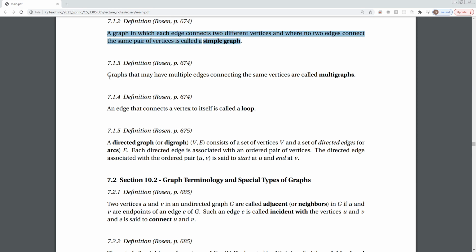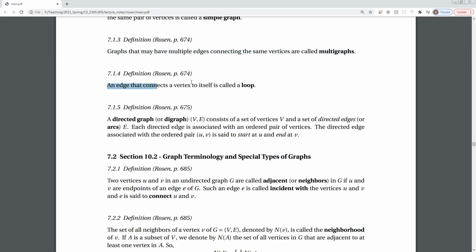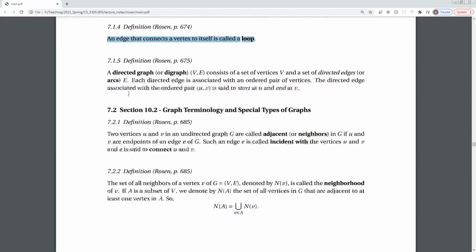Okay, so next, graphs that have multiple edges connecting the same vertices are called multigraphs. So this would be the interstate, right? And then an edge that connects a vertex to itself is called a loop, and these are the loops in our interstate system. I think there's a loop that goes around Houston. I can't remember. 635 is a loop.